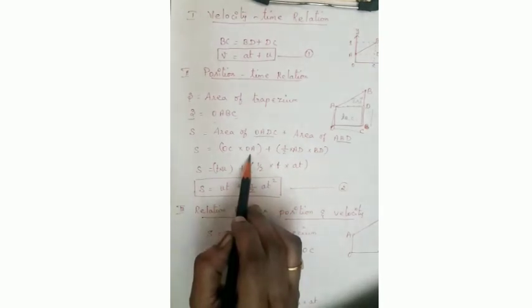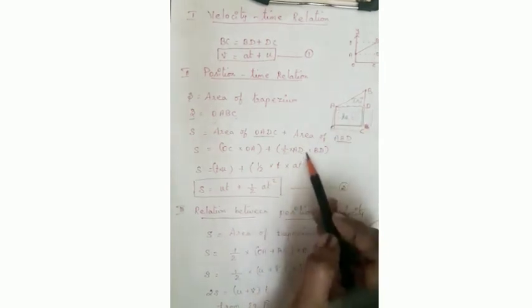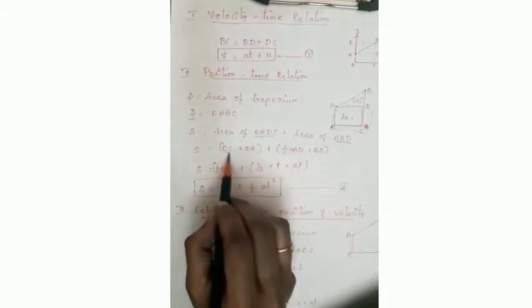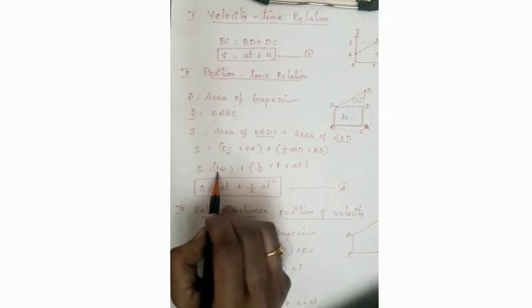What is the area of the triangle? Half into base into height. AD is the base, BD is the height. This is the formula. Then what is the OC value? OC is the time, so instead of OC I have written t.